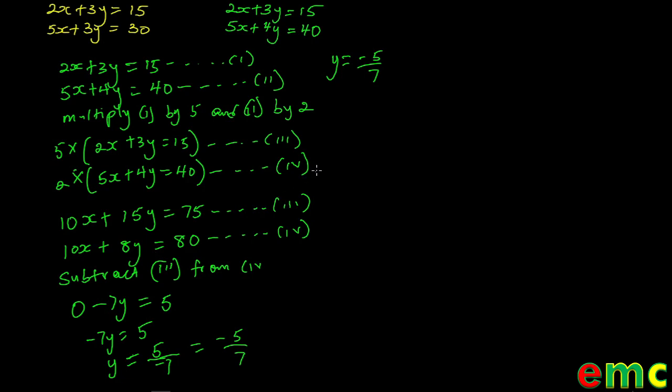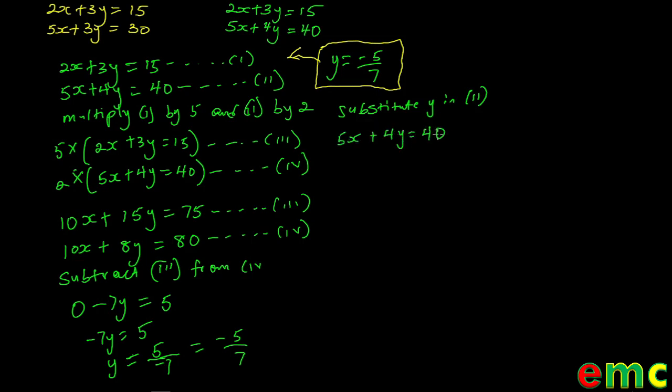Now to get the value of x, we are going to substitute the value of y into any of the original equations. So let us substitute y into equation 2. From equation 2, we have 5x plus 4y equal to 40.